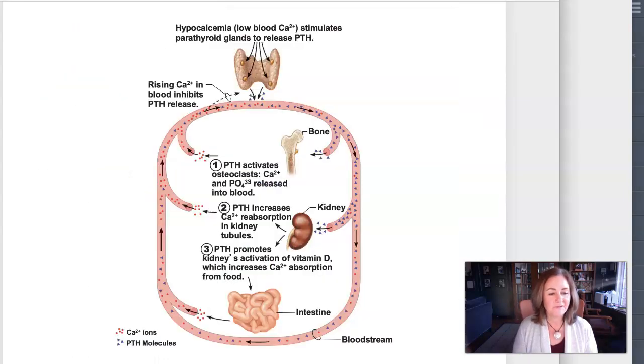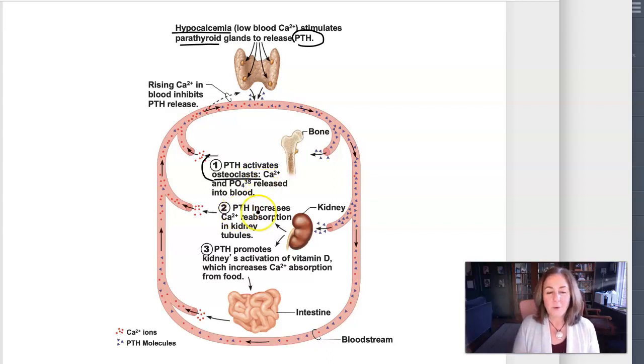I'm going to finish this video up to show you that if we had a low blood calcium level, that's going to stimulate the parathyroid glands to release the hormone parathyroid hormone. Parathyroid hormone enters the blood, and number one, it's going to start to take calcium out of the bone. But here I just wanted to show you that that's not the only place we could look for calcium.